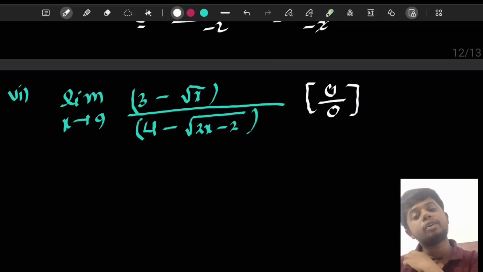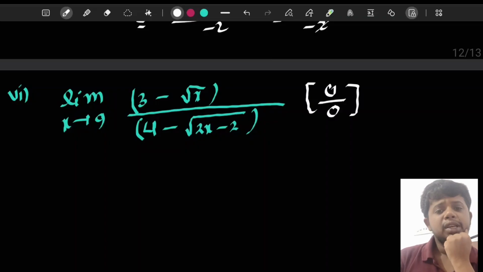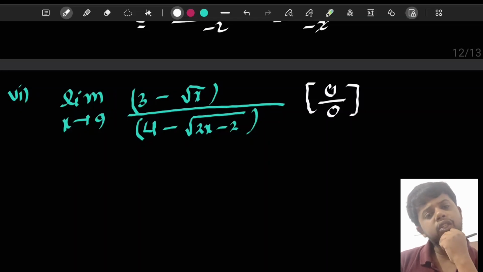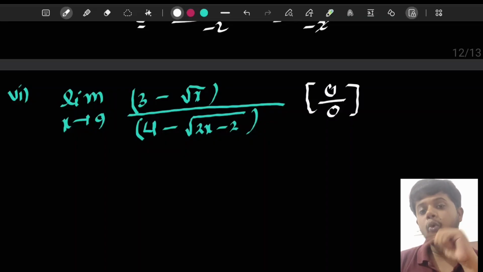But the thing is, here we will do the numerator rationalization or the denominator rationalization. You'll say, sir, we are not understanding, what should we do? I'll say both. Do both, because both are giving 0. Now we have to remove both.